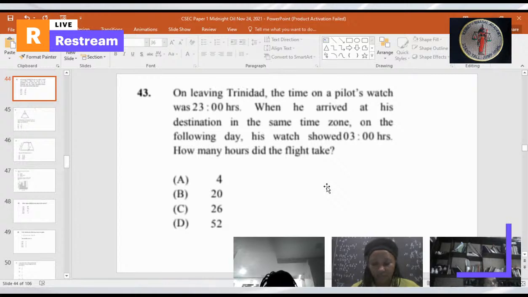That's not 12. Miss, that's 11 p.m. Oh, 11. Okay. And 0300 hours, that would be 3 a.m. All right. So from 11 p.m. to 3 a.m., he's in the same time zone, so it's the next day. That's 4 hours. Correct.